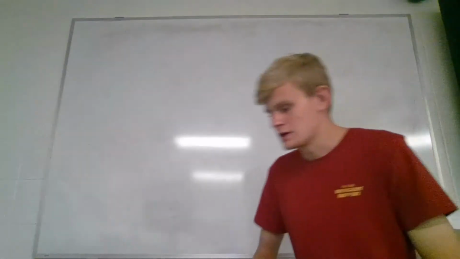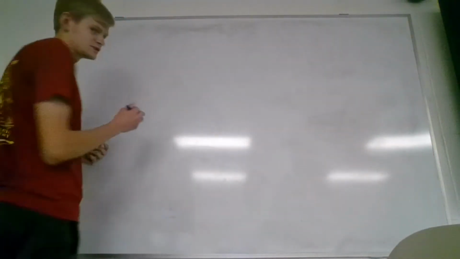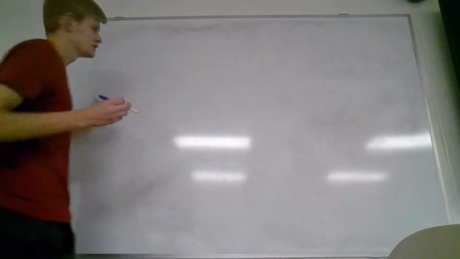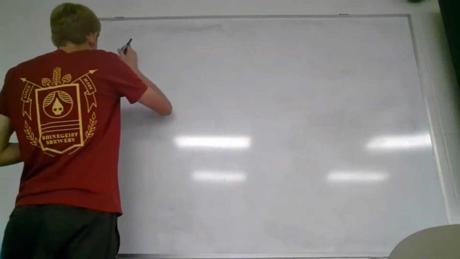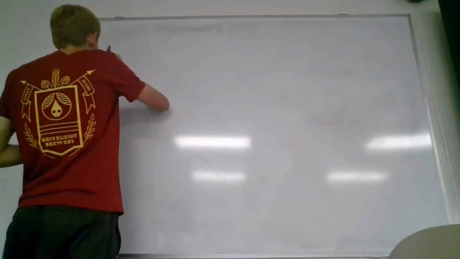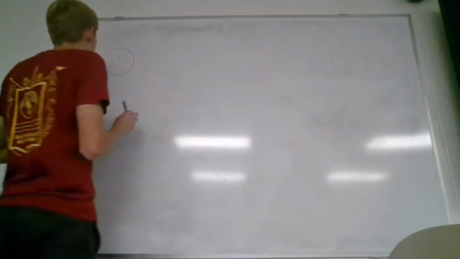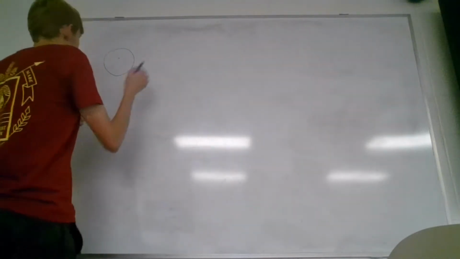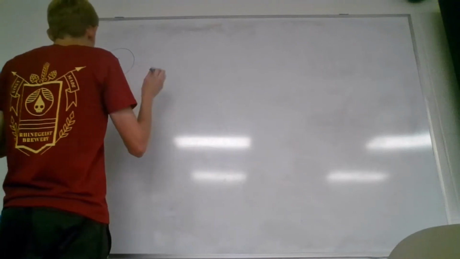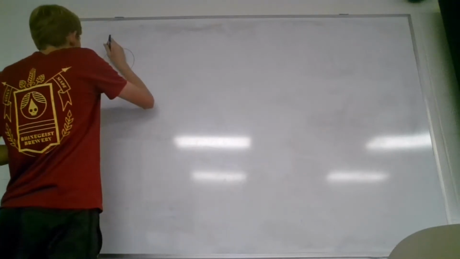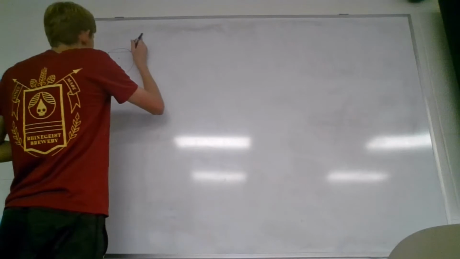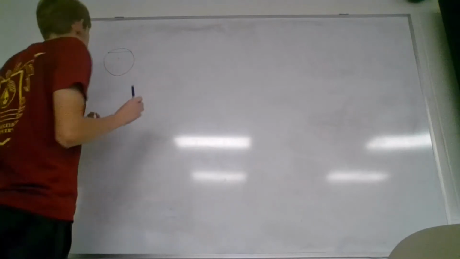To begin, we will draw a rough sketch of what our barrel is going to look like. Our barrel will start off with our spherical side, or our circular side, excuse me, and it will have a fluid height from up here.